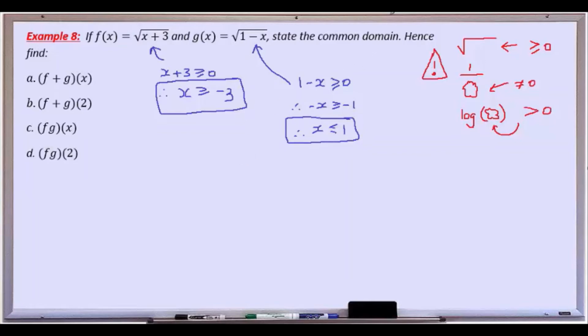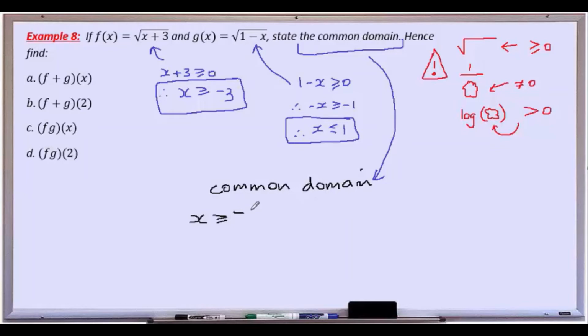So therefore, we can say the common domain is going to be where x is greater than or equal to negative 3 and where x is less than or equal to 1. So if I combine x greater than or equal to negative 3 and x less than or equal to 1, then that means I'm between, on my number line, negative 3, including it, negative 2, negative 1, 0, and here is 1, and I include that as well.